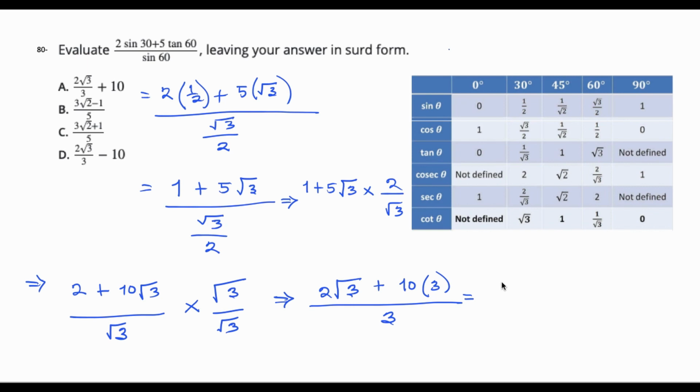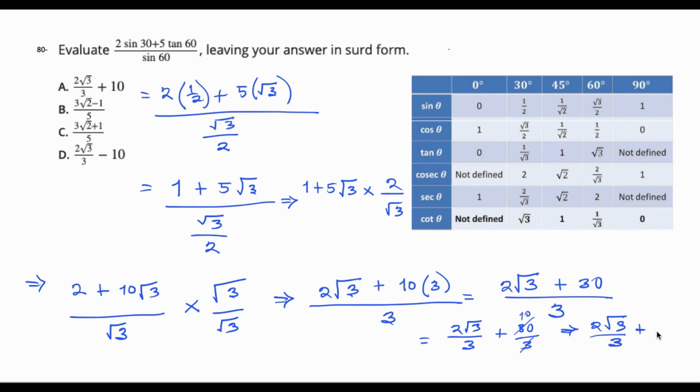So then we can have our expression as 2 root 3 plus 10 multiplied by 3 is 30, divided by 3. Now, if we split this, we would have 2 root 3 divided by 3 plus 30 over 3. And 3 cancels here to give us 1, and 3 goes here to give us 10. So our final answer is 2 root 3 divided by 3 plus 10. And that is option A here.